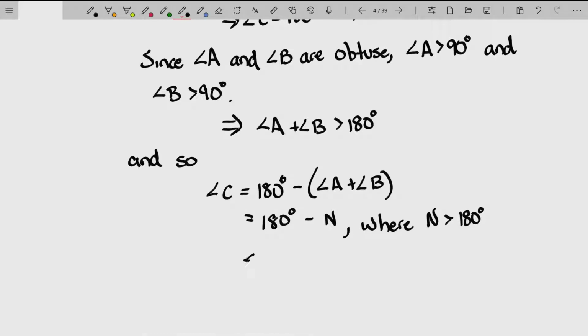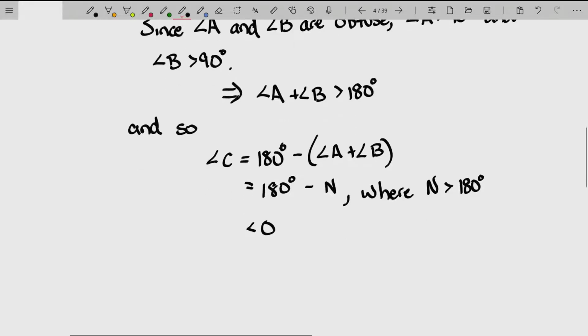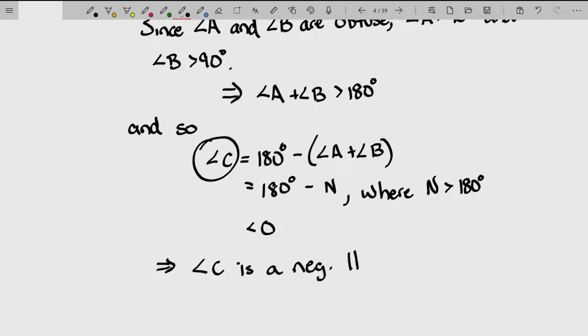Well, that means that this is a negative number, less than 0. So this tells me, because 180 degrees minus something greater than 180 degrees is negative, that angle C is a negative number. And that can't happen within a triangle.